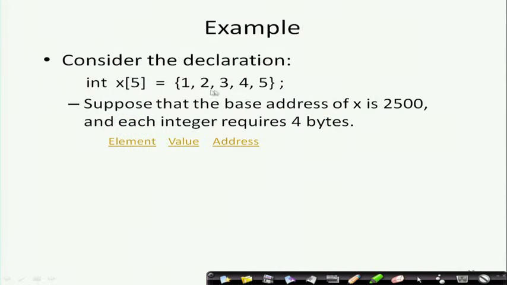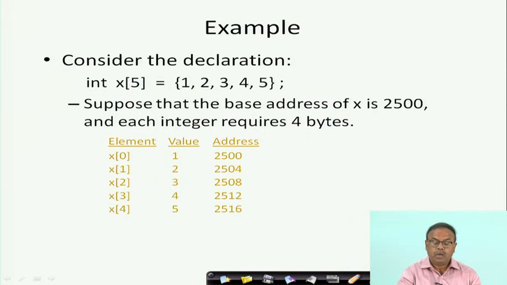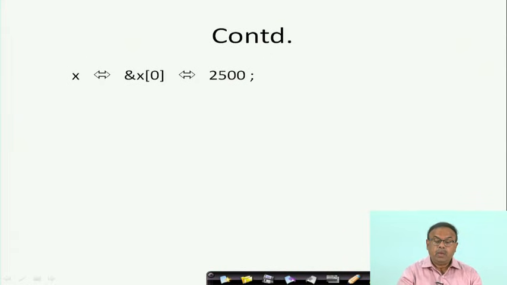Okay. For example, when I say x[5] = {1, 2, 3, 4, 5}, then suppose the base address is 2500, and each integer requires 4 bytes, then the elements will be: x[0] at 2500, x[1] at 2504, and so on and so forth, and the pointer will be 2500.